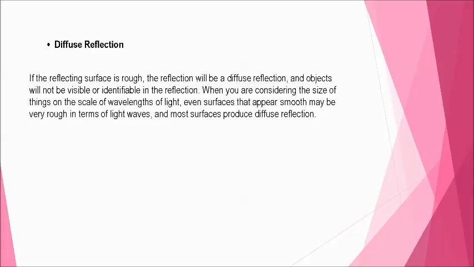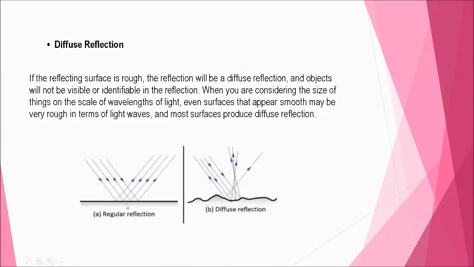Okay? Kasi sa scale ng wavelength, ang liit nun, di ba? It's as small as the nanometer scale, ganyan, and then to the negative 12. So yung scale. So, then, you won't see any identifiable objects in the reflections.